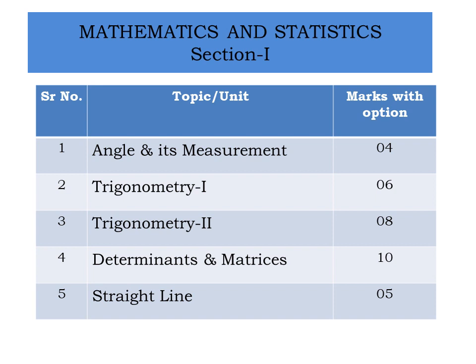Next, the fourth topic is determinants and matrices, and the weightage of this topic is 10 marks. In determinants, we have to find the value of a determinant and reduce it to simple form.